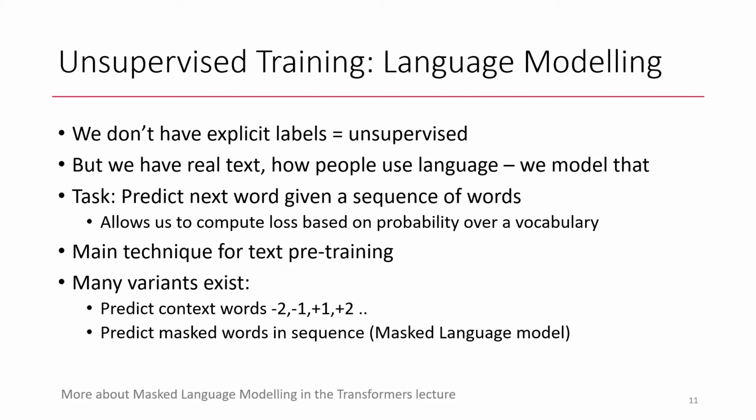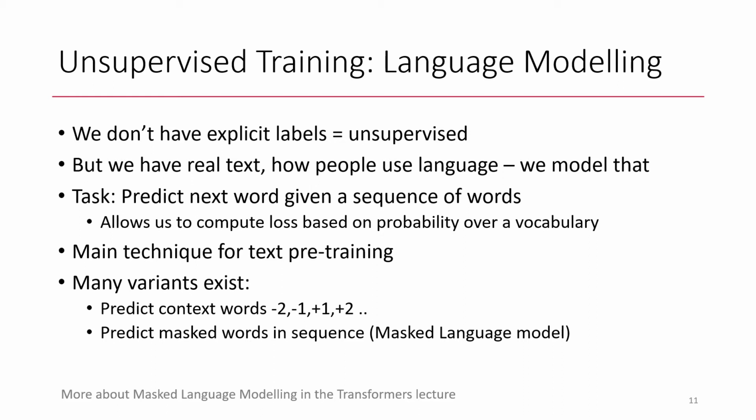So how do we actually do unsupervised training? Unsupervised training basically means that we don't have explicit labels, but it's not like the model just learns out of thin air. No, we use real text, so how people use the language, coming back to the Ludwig Wittgenstein analogy, and we model that. In language modeling, the basic task is to predict the next word given a sequence of words.